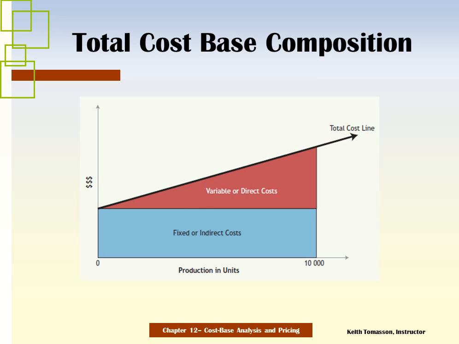So it's really important to understand not just which of our costs are variable and which costs are fixed, but the proportion of fixed costs to our variable costs in understanding the degree of control we might have over those costs.